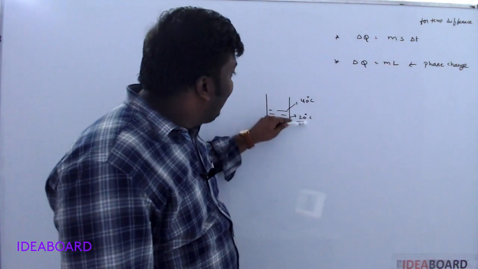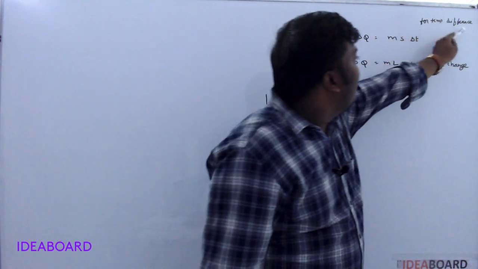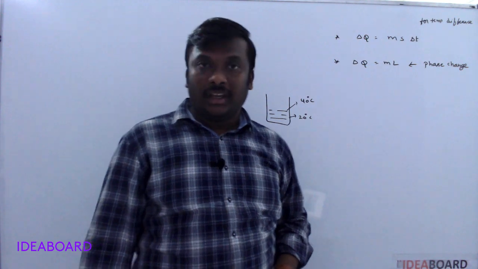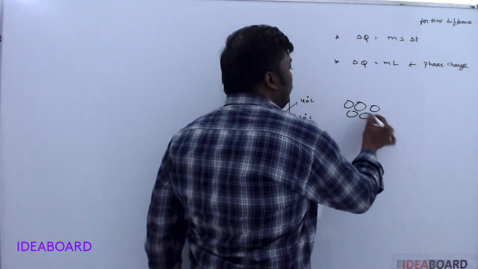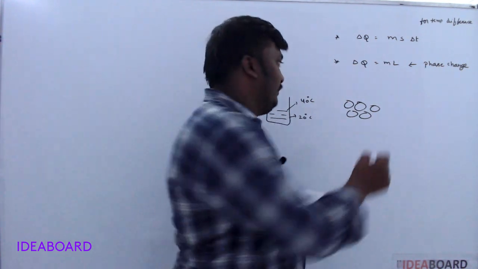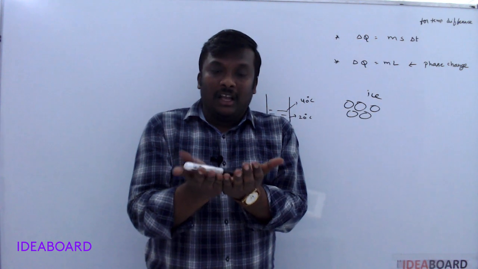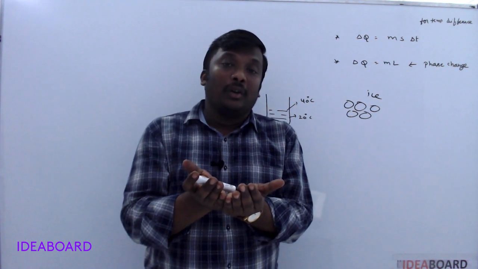Here only the temperature changes, so for temperature differences, use the formula ms delta T. Now I take a certain amount of ice cubes in my hand. After some time the ice is converted into water.